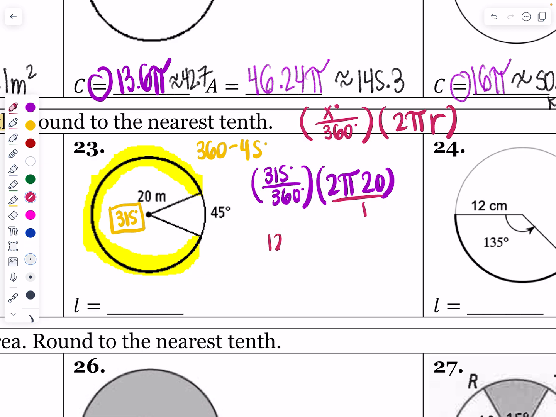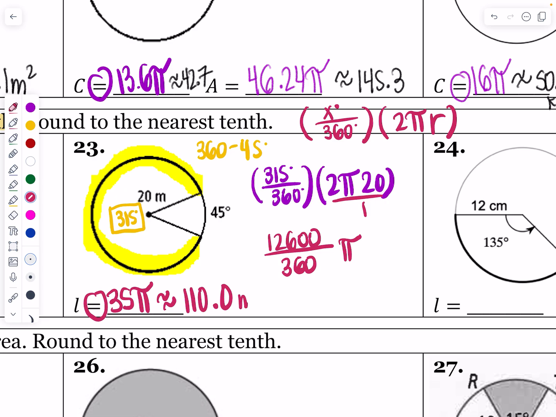That gives me 12,600 over 360 pi. And so when I type that in, that gives me 35 pi exactly. That's in terms of pi. That is going to round to about 110.0. And that would be meters. Okay, so there's my exact answer and my rounded answer.